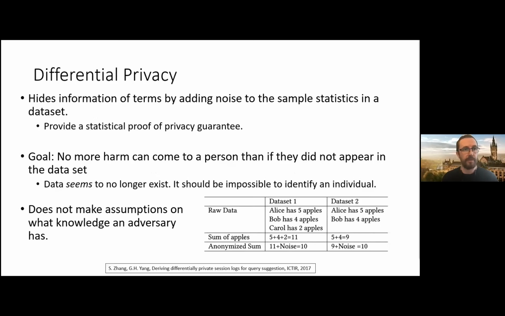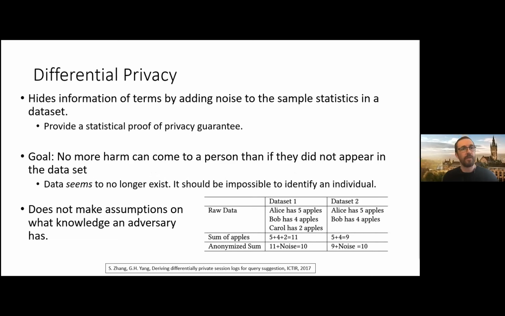The second approach we're going to briefly mention just now is differential privacy. Differential privacy hides terms by adding noise, sort of trying to disguise what's actually there without necessarily removing it.